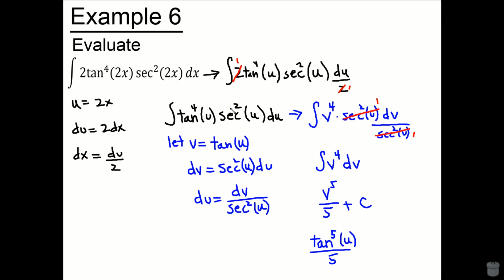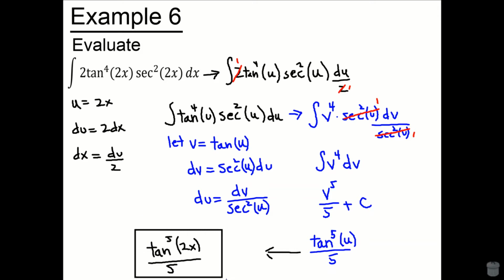Because originally it was with x, and here we have u, I need to replace the u with the 2x, and now I have tangent to the fifth power of 2x all over 5. And that there would be our wrong answer.